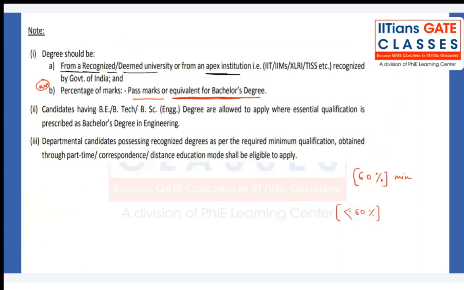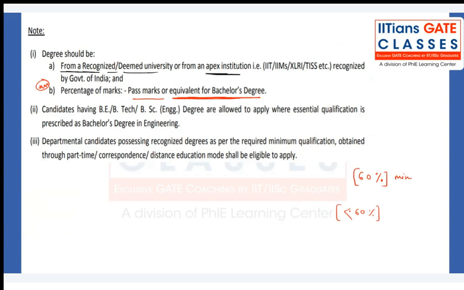When the form opens from the 1st November onwards, they might have mentioned clearly that once you enter your percentage, it will be automatically checked whether you can apply further or not. Or maybe you can call the AAI help desk number, whatever number they provide. Based on that, and the input given by those persons, you can apply for this post.